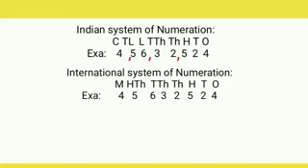According to the international system of numeration, the first comma will be after 5. The next comma will be after 6, that is after 3 digits, and so on. So, in the Indian system of numeration, we read it as 4 crores, 56 lakhs, 32,524. And in the international system of numeration, we read it as 45 millions, 632,524.